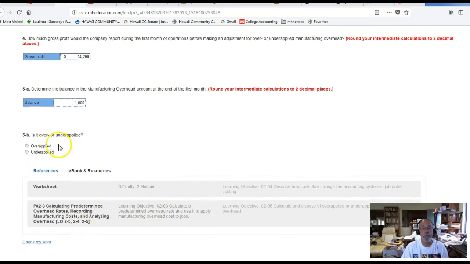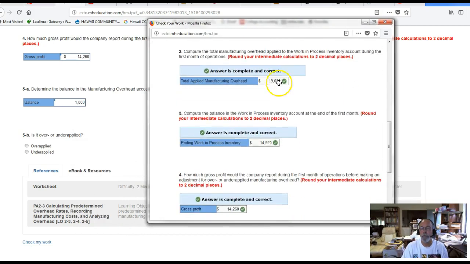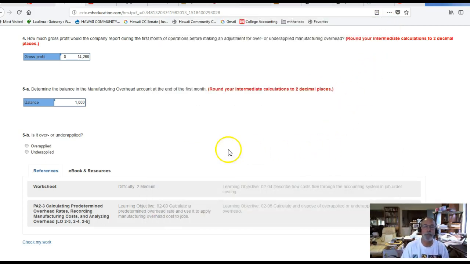And as you can tell, in the next part of the question, it's asking if that's over or under applied. So that's where we will indicate whether it's a positive or negative amount. And so now, as we can see, it's showing as correct as 1,000. But keeping in mind that that is a negative amount, it's a credit balance in the overhead account.